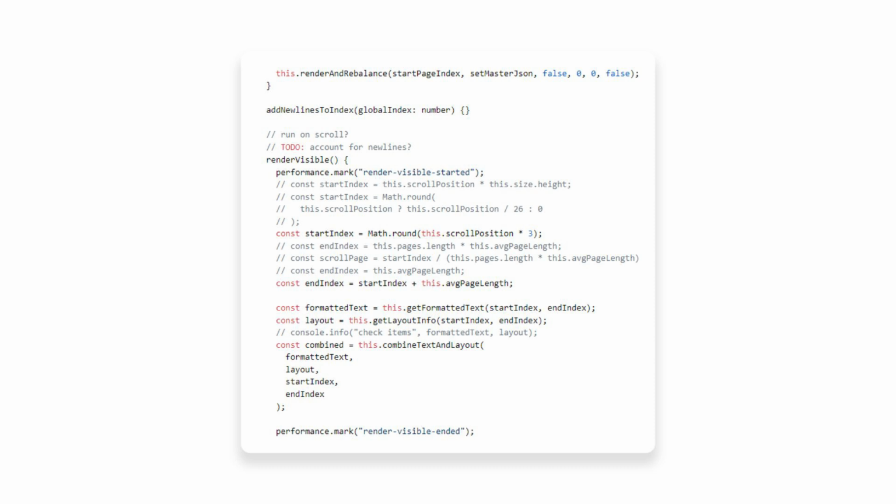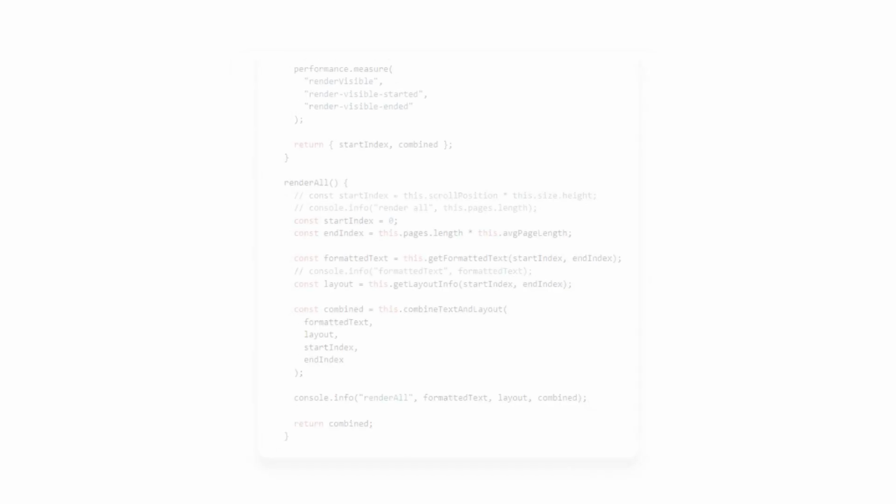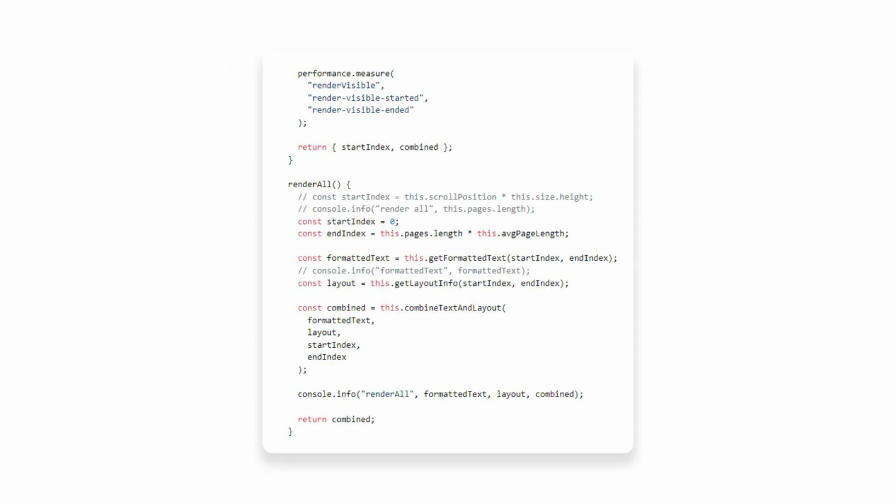This was intended as an optimization, but other routes were taken. This code snippet involves 2 functions related to rendering in our multi-page editor. 1. Performance measurement. The first part measures the time taken to render visible content using performance.measure, marking the start and end of the rendering process and returning the start index along with combined content, formatted text, and layout.